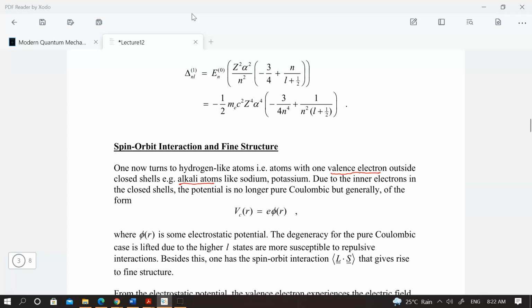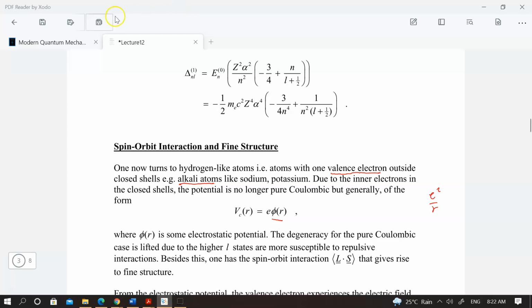The thing is, due to the inner electrons in the closed shells, meaning closed with respect to filling up the shell completely, the potential that one has is no longer pure Coulombic in the sense of e squared over r, but will be some electrostatic potential phi(r).